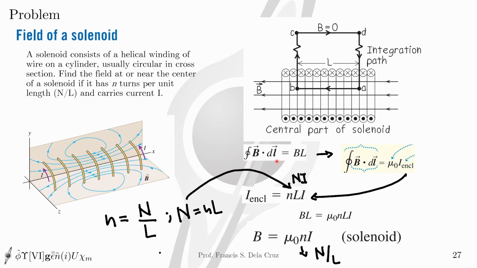Now the left side is equal to BL, and it is also equal to mu naught nLI. If you want to solve for the magnetic field, just divide the L from both sides.